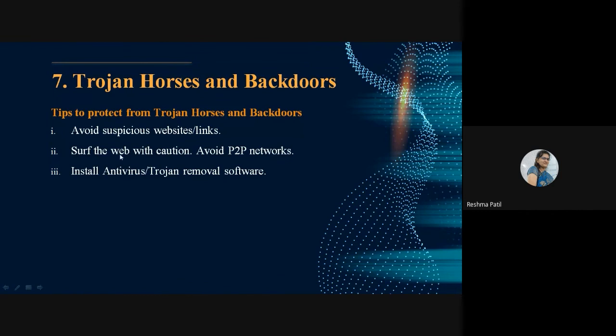While surfing the web, use caution. Avoid P2P, peer-to-peer networks, and install antivirus or Trojan removal software. Antivirus or Trojan removal software should be installed on the system. These are some tips, not all, to protect from Trojan horses and backdoors.